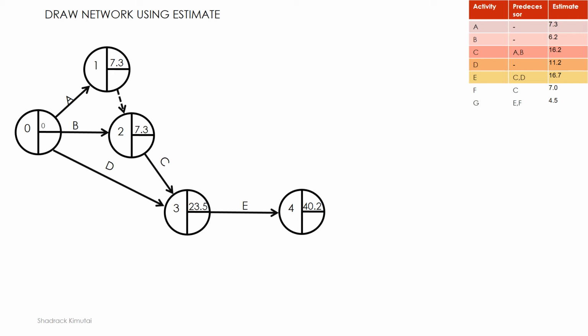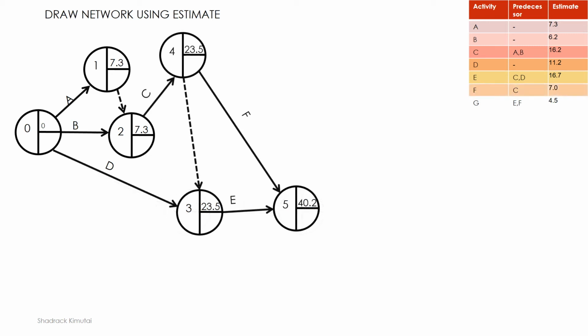So in this case, we have E taking 16.7. So we'll add that on top of the time that we have in that event number 3, and we'll arrive at the end event of E, or E stopping at 40.2.